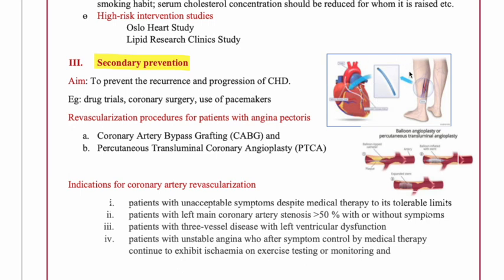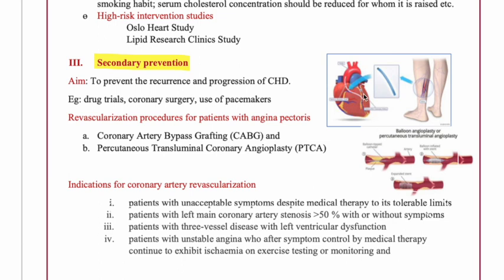So in coronary heart disease, there will be obstruction in the coronary vessels, and through this bypass surgery, the blocked or obstructed vessels are bypassed with a piece of healthy blood vessel taken from any other part of the body, usually from leg or arm.